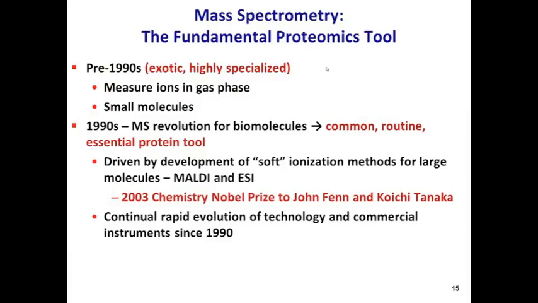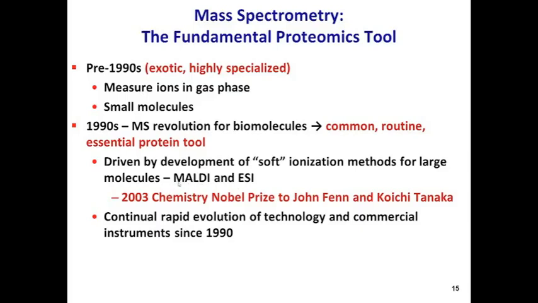So as implied by that short story, mass spectrometry is a fundamental proteomics tool. Without it, we couldn't do most proteomic types of analyses. Now, in the early pre-1990s, mass spectrometry was very exotic. It was largely limited to small molecules in a few highly specialized laboratories around the world, and proteins and peptides just could not feasibly be analyzed. In the 1990s, there was a revolution which was fostered by development of two soft ionization techniques, MALDI and ESI.